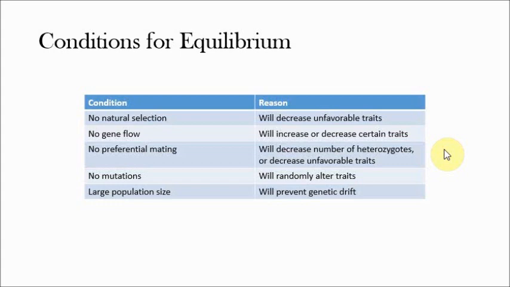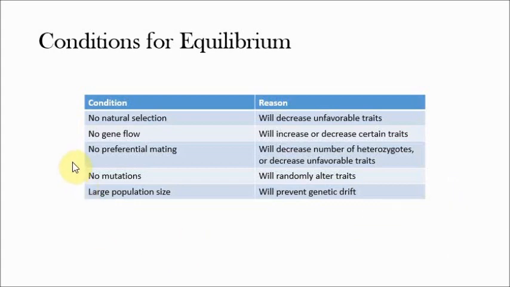Maybe you have one population of an island bird, and then you have another population of a bird that's living on the mainland. So obviously there are going to be some different traits depending on their environment, and if there's gene flow perhaps from the mainland to the island, those island birds will never actually reach equilibrium because genes will be constantly carried into that population, preventing them from reaching equilibrium.